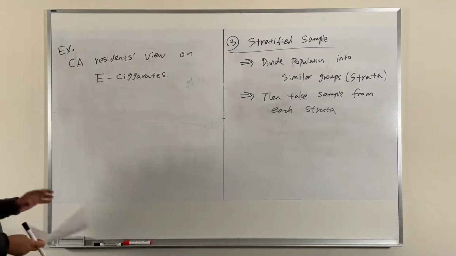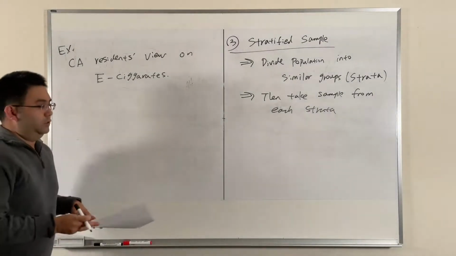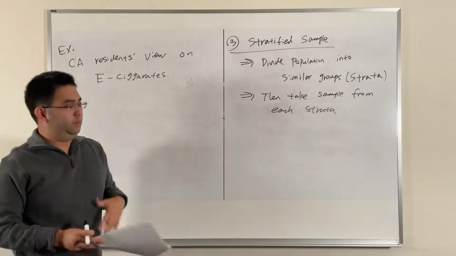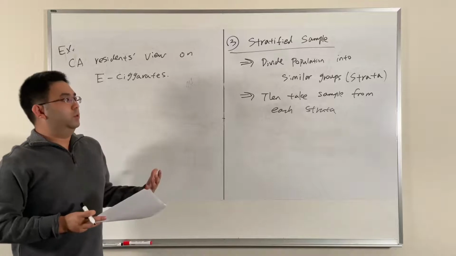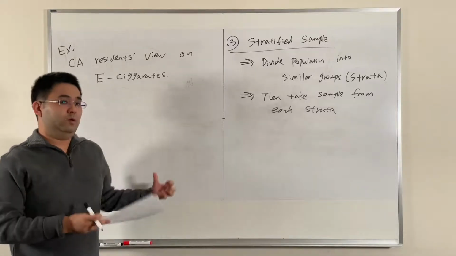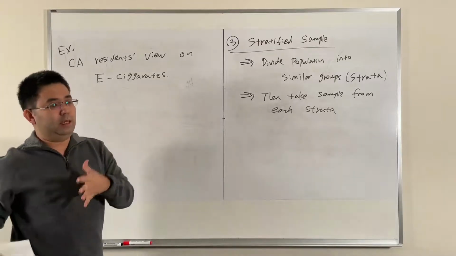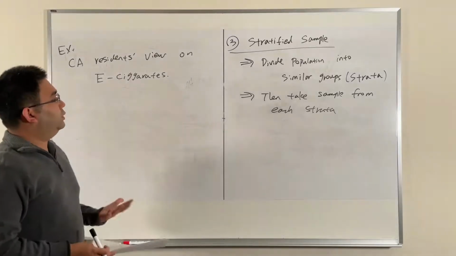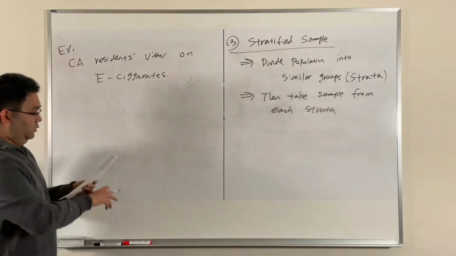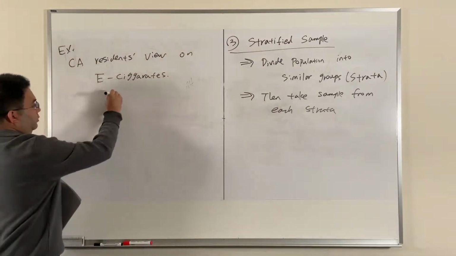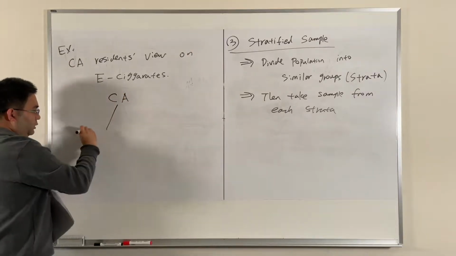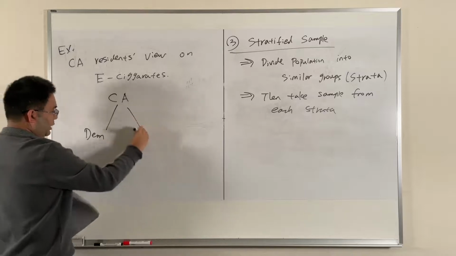But we're concerned that in California, there will be a lot more Democrats than Republicans in the state, right? So are we able to be fair by taking the same amount of Republicans and Democrats? The way we do this is by using the stratified sample. We're going to divide the whole California population into Democrats and Republicans.